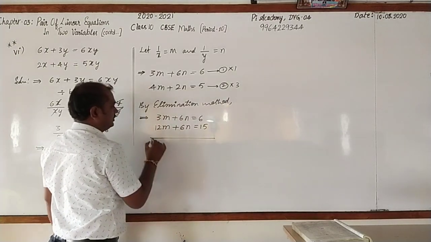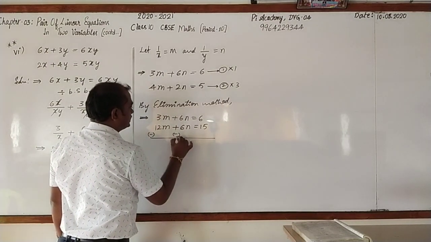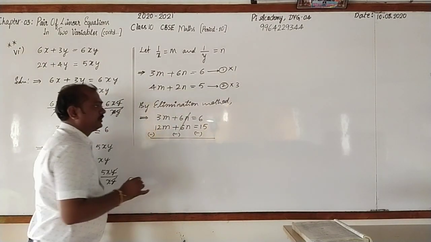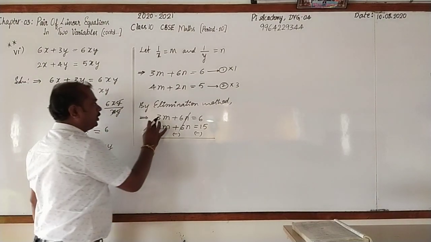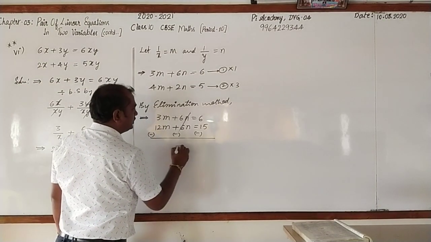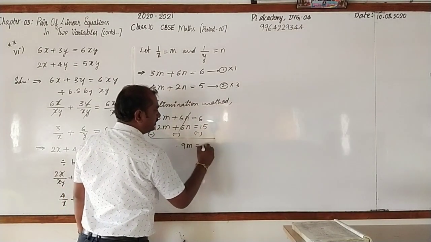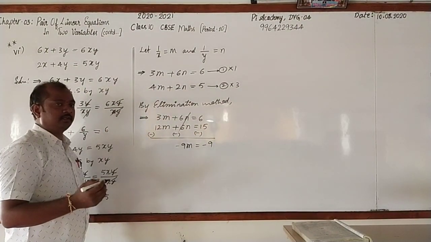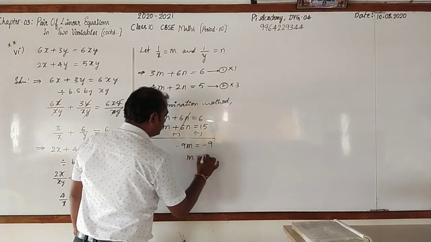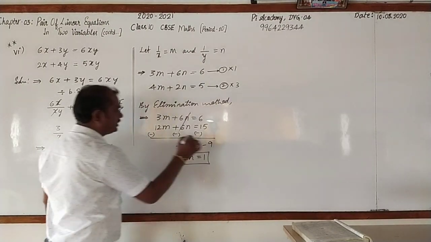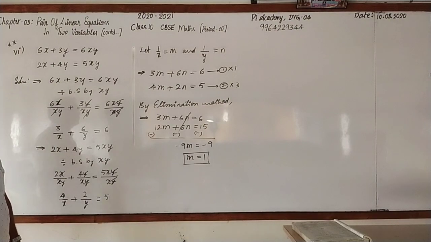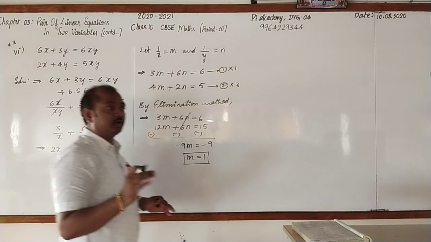Now change the sign. This is minus, is minus, is minus. To get cancelled. What is 3m minus 12n? This is minus 9m. It is equal to 6 minus 15. This is minus 9. Now m is equal to, minus minus get cancelled. M equal to 9 by 9. That's equal to 1. We got m value.